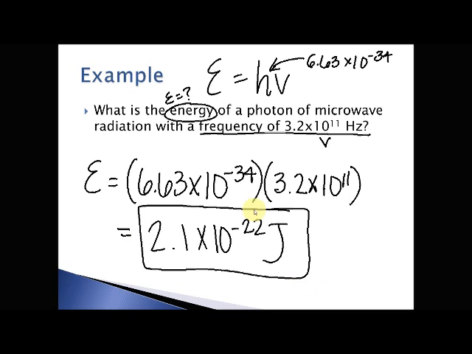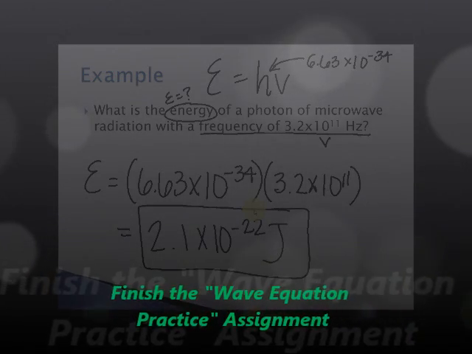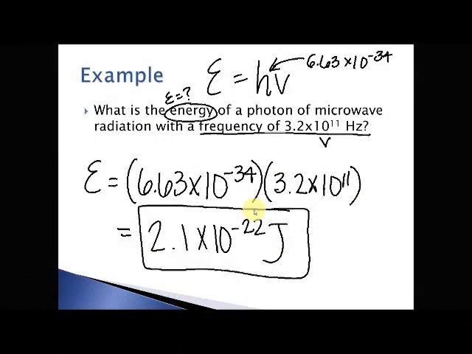Our unit on energy is joules. So 5, 6, 7, and 8 on the wave equation practice homework assignment use this equation. 5 and 6 are simply like this example, and 7 and 8 are multi-step problems.